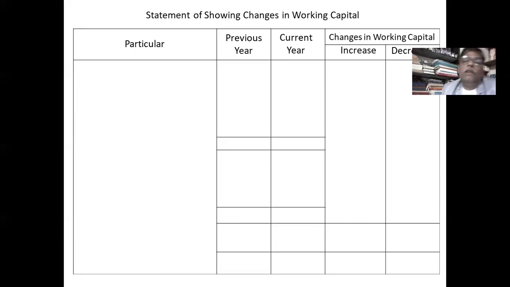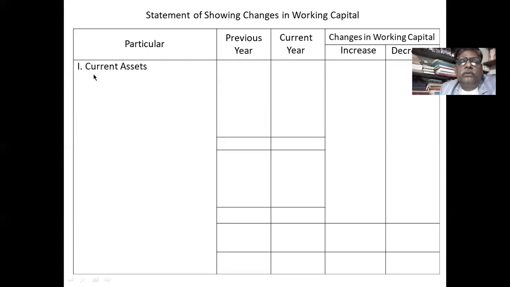In this way, you prepare the table: particulars of the asset, previous year amount, current year amount, and change in working capital, with increase and decrease columns. First take the heading current assets. As you studied in your balance sheet, there are two kinds of assets: current assets and non-current assets. You leave all the non-current assets and take all current assets.